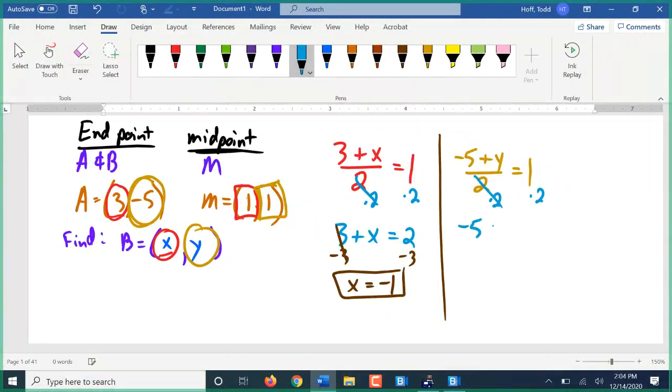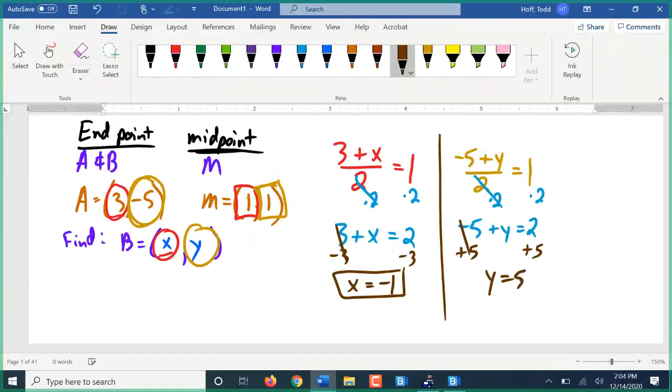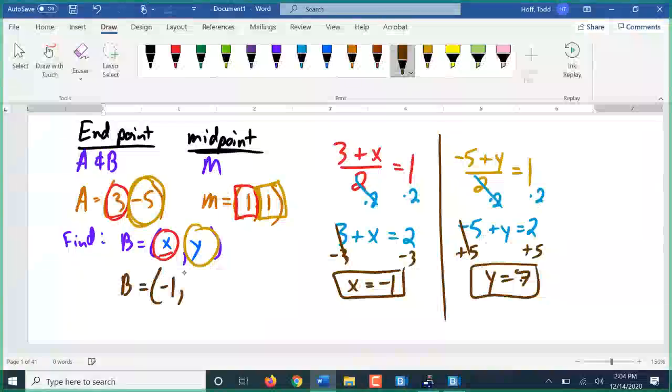Gives me -5 plus y equals 1 times 2 is 2. And I'm going to solve that by adding 5 to get rid of the -5. Gives me y equals 7. So this other endpoint B is x equals -1 and y equals 7.